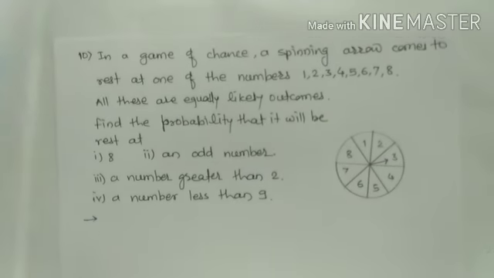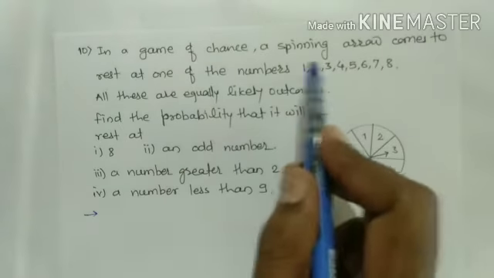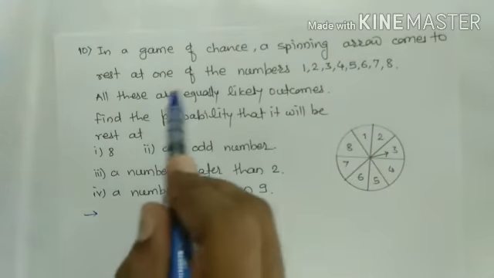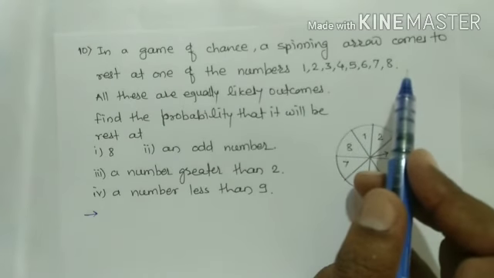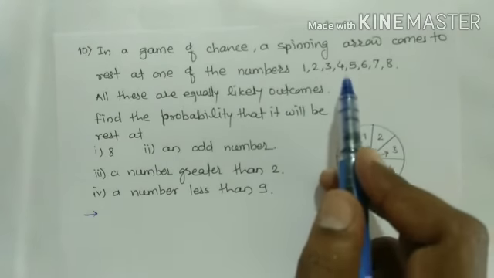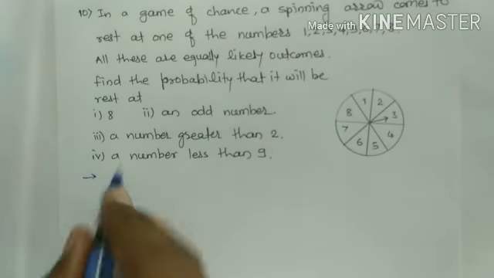See, the sample space is: in a game of chance, a spinning arrow comes to rest at one of the numbers 1 2 3 4 5 6 7 8. Therefore, number of S equals 8. First we write the random experiment.